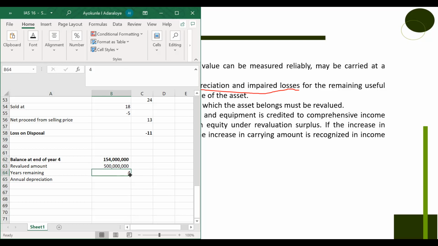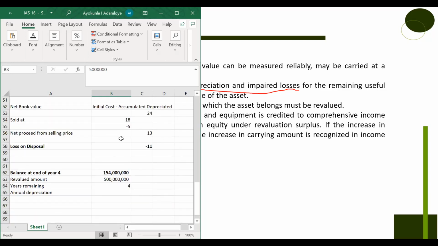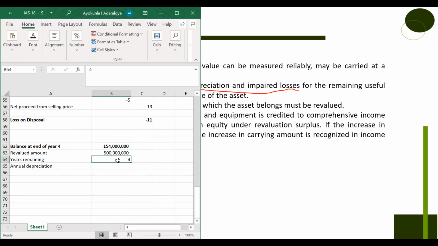So when the years remaining also has changed, we will need to calculate what? A new annual depreciation charge. From the point where we revalued it and changed the years remaining, we'll now calculate another annual depreciation charge. In this previous question, maybe we said residual value is going to be 5 million. In this other one, we might say that after the 4 years, there is not going to be any residual value.